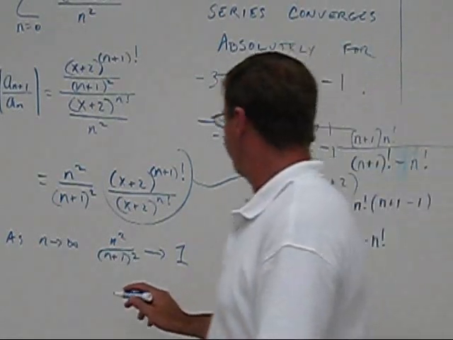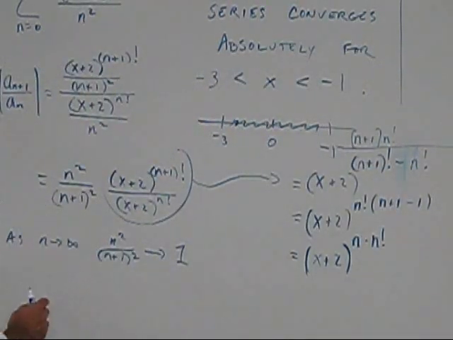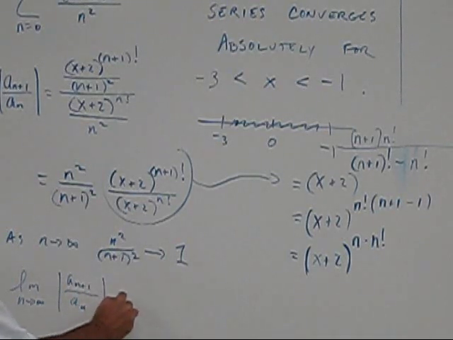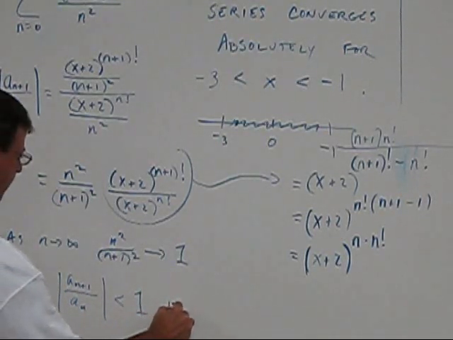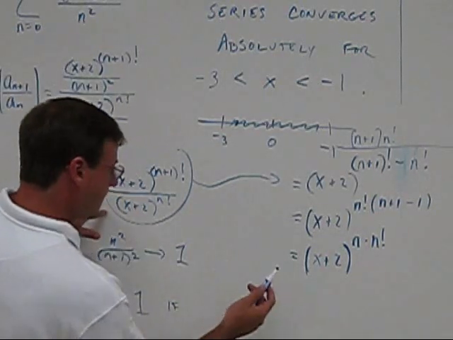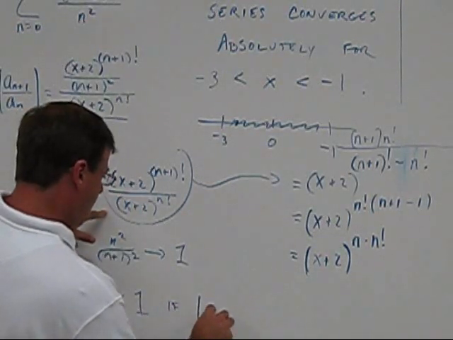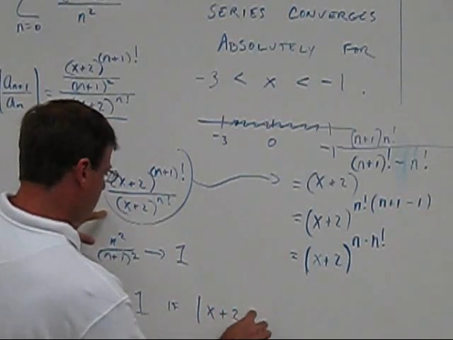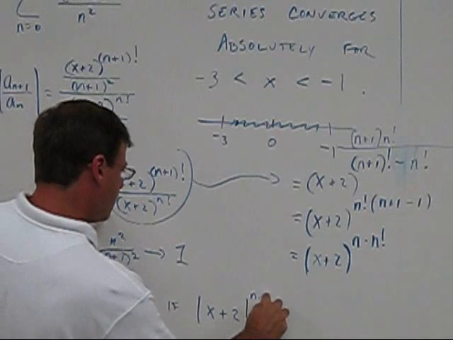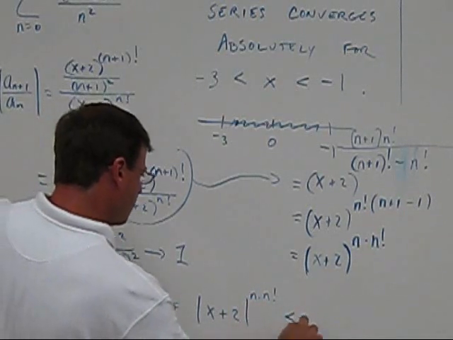So if the limit as n goes to infinity of a_{n+1} over a_n is less than 1, that means |x+2| to the n times n factorial is less than 1.